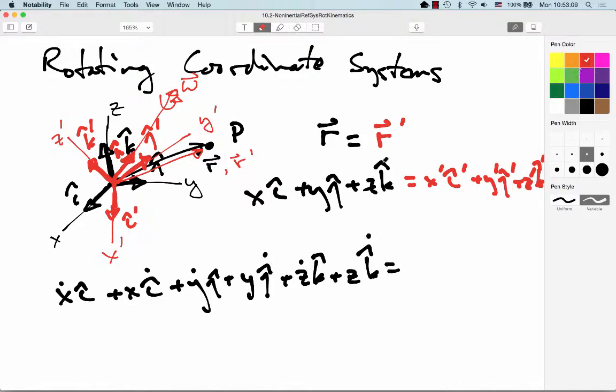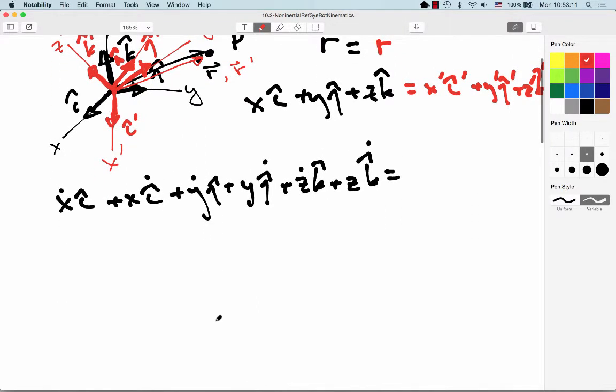And then we would do exactly the same thing in the rotating system.